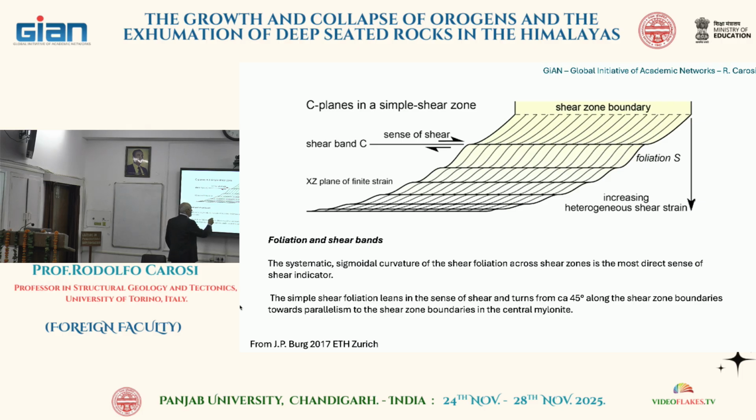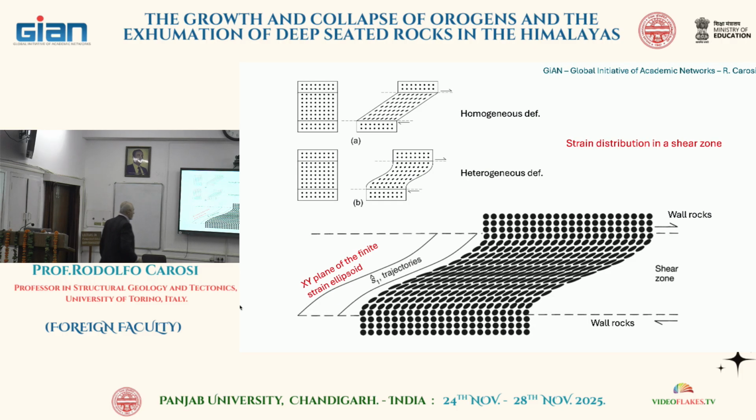So this kind of shape, this S with this C, indicates a dextral sense of shear because you have elongation direction X and shortening direction Z in this geometry. Okay, if you have a sinistral sense of shear, this ellipsoid should be completely reversed in this direction.